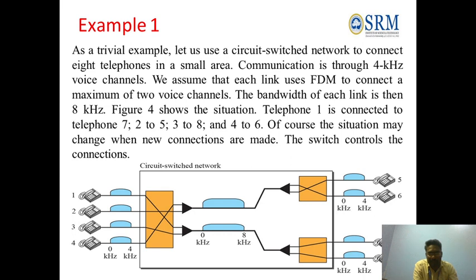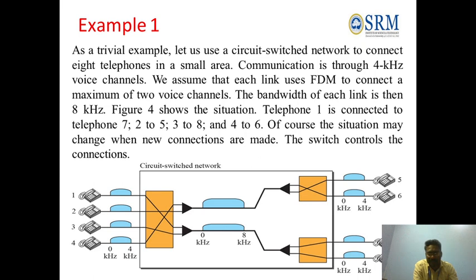The communication is through 4 kilohertz voice channels, and we can assume that we are using a link which uses FDM to connect a maximum of 2 channels. So the bandwidth of the data transmission between the 2 links will be 8 kilohertz, and this figure shows how the telephone lines are connected.